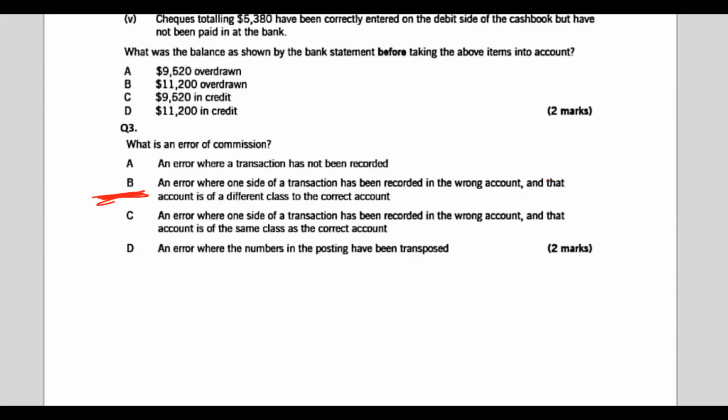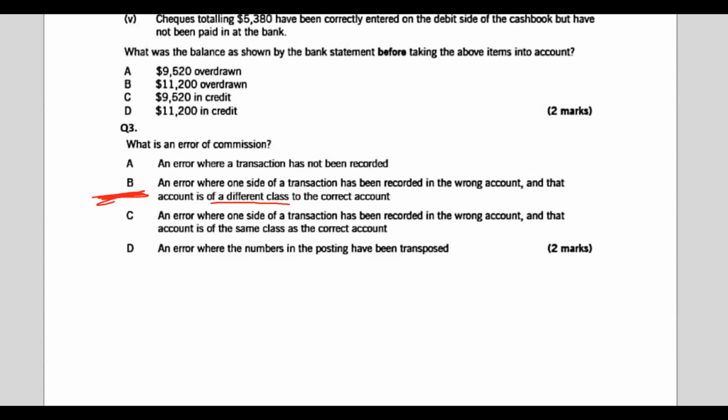What about B? What error is B? That's what I'm saying. It's an error of original entry.